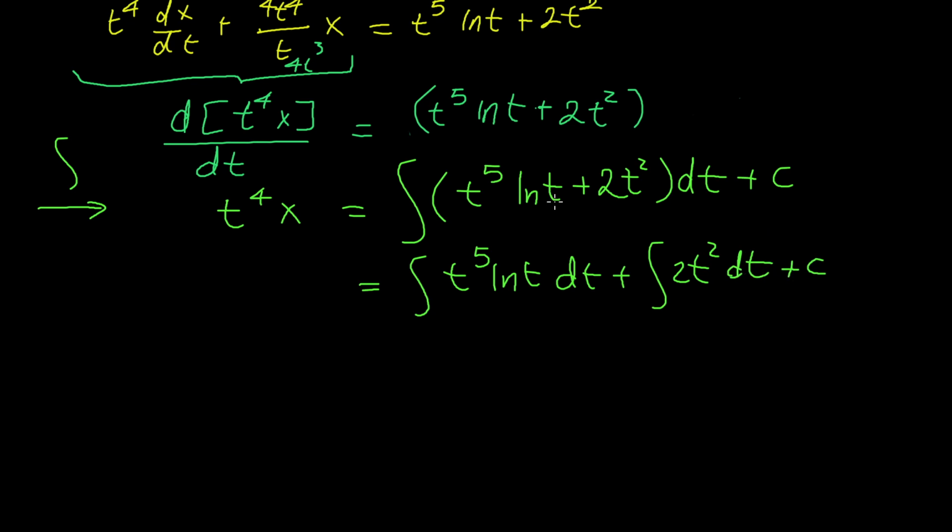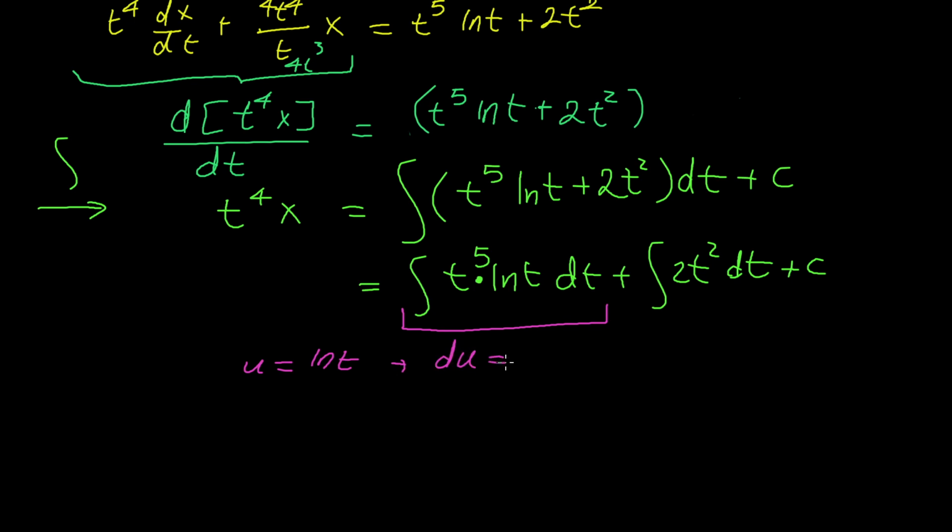Okay, and now this one is easy, the second one. So this one here is to do integration by parts. Okay, so u is, let's say, natural log of t.